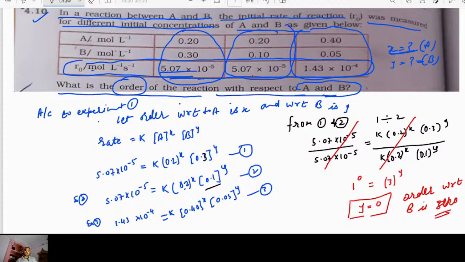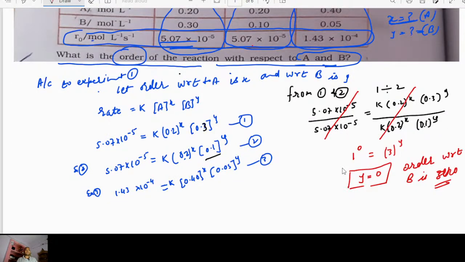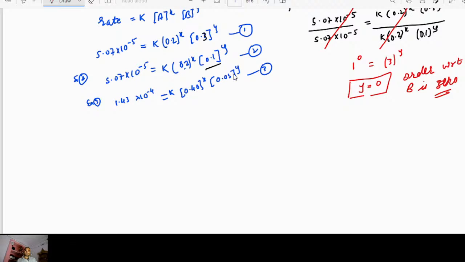Now let us understand from equations 2 and 3 and get some conclusion. Let us see which is the larger value.